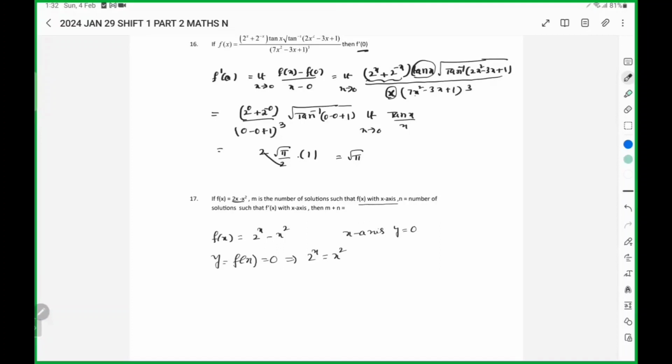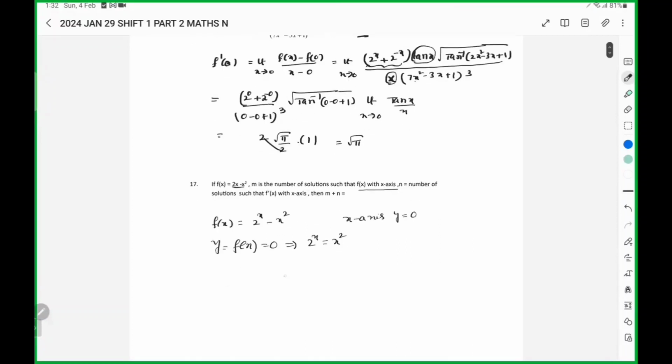So now, what are the points of intersection of these two curves, where they intersect? The graph y equal to x square is like this.